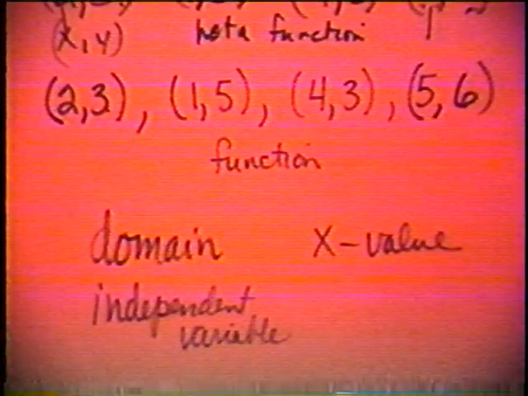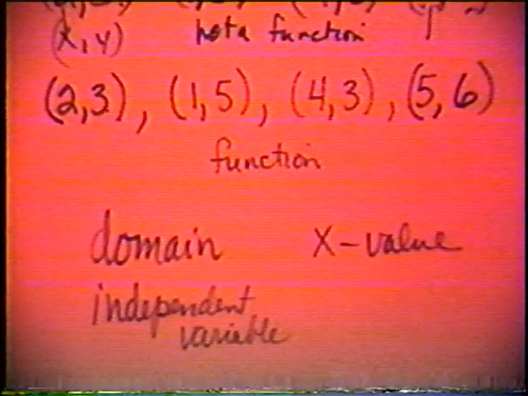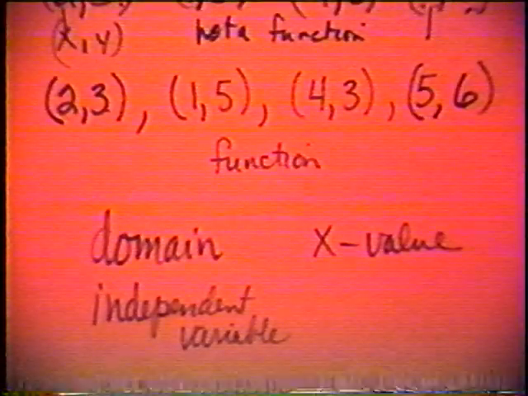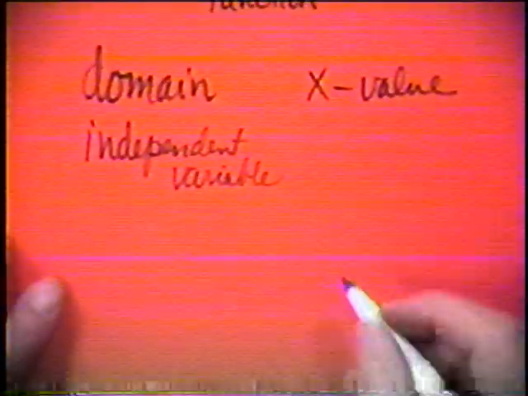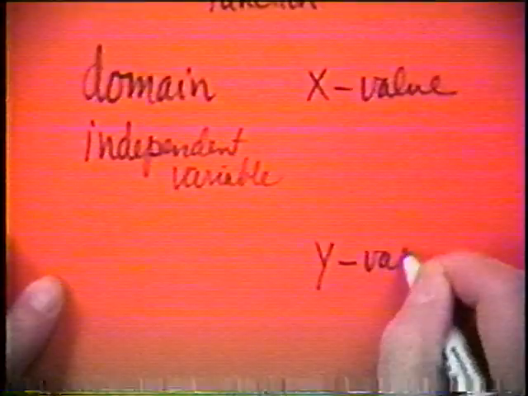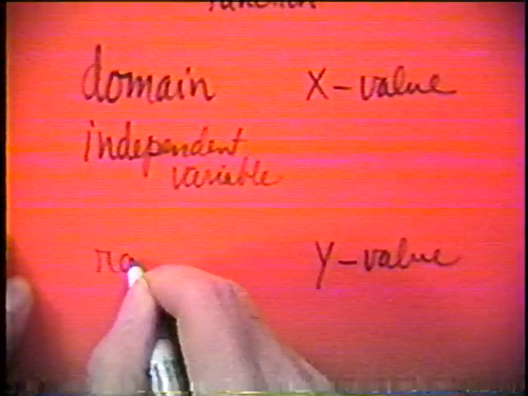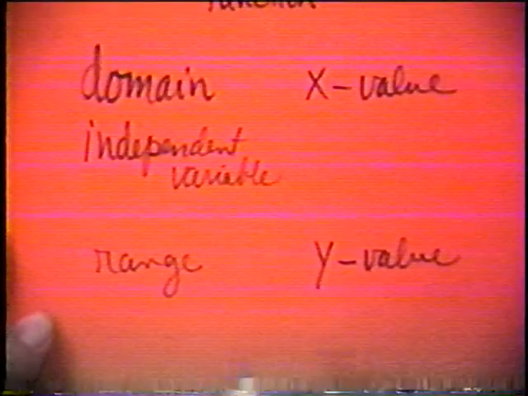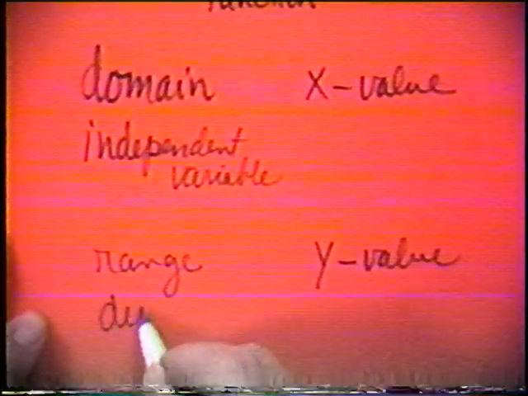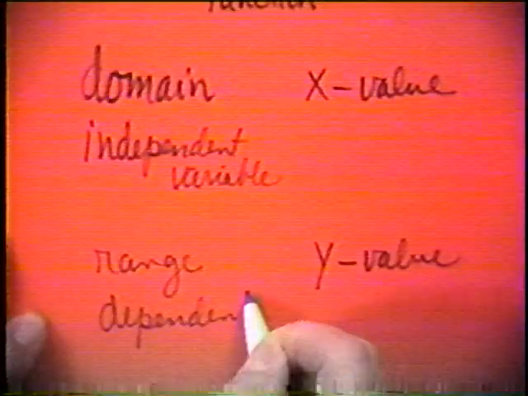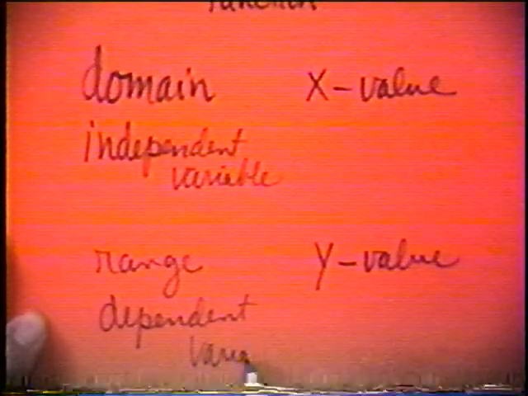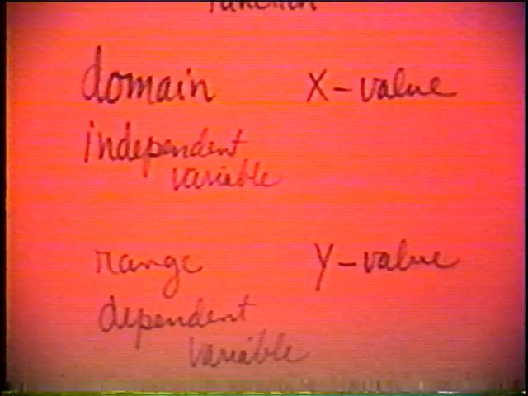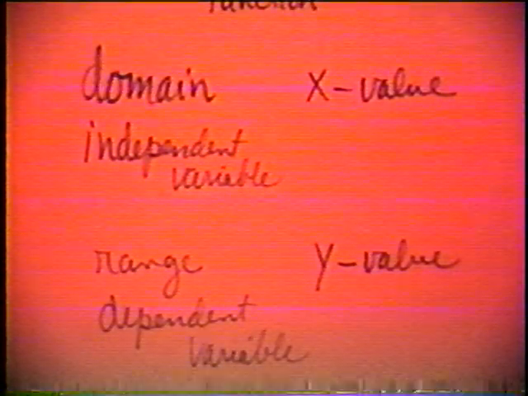So in ours, the x value will be the domain and the independent variable. The y value is called the range. So when they ask you for domain and range, you know what they're talking about. The range is the y value, and that's the dependent variable. In other words, y depends upon what we choose for x.